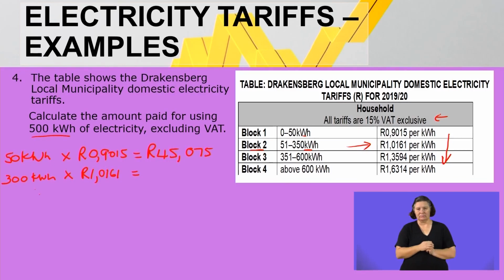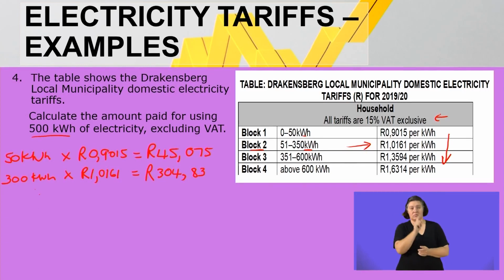So let's see what it will cost. 300 multiplied by 1.0161. Okay, so if I do this for block 2, I'll have to pay 304.83. Remember, it must be for 500 kilowatt hours.